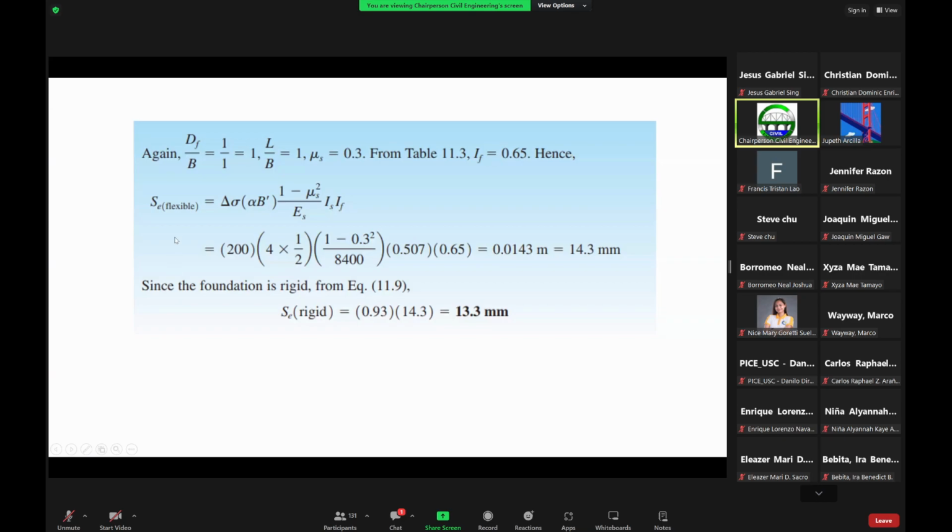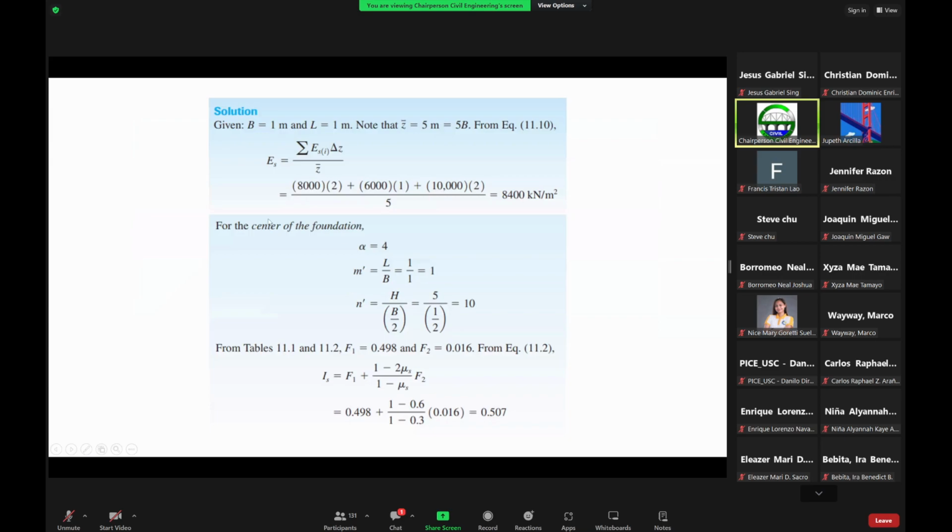So if we now substitute into the formula for the elastic settlement considering flexible foundations, we have the stress increase, which is 200 kilopascals. That's taken from here.